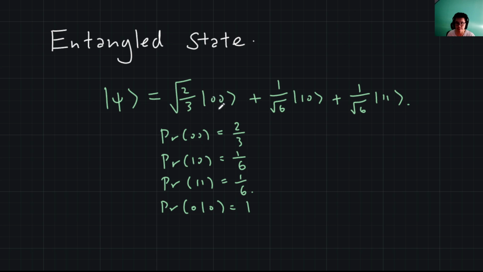But the probability of observing a 0 on the 0th qubit, the right qubit, and a 0 on the first qubit over there is only a half. Nope. It's actually, so there are now 5 distinct possibilities.